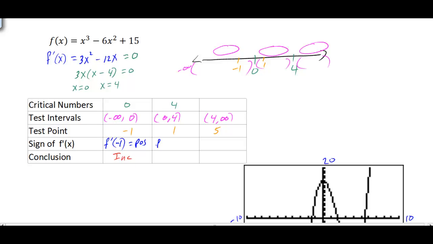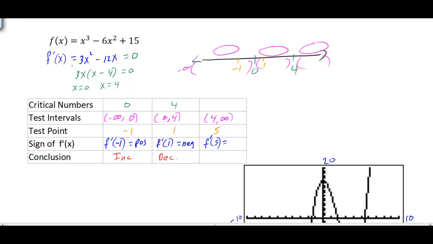Now, what happens if we evaluate the derivative at 1? So 3 times 1 squared minus 12 times 1, we end up with a negative number. Well, if we have a negative number, then that means our slope, our tangent line, our graph would be decreasing. And then our final interval, we need to plug in for 5. And again, this is the derivative.